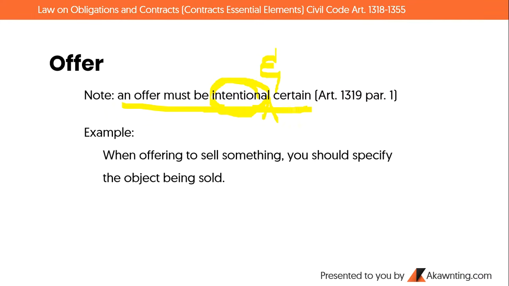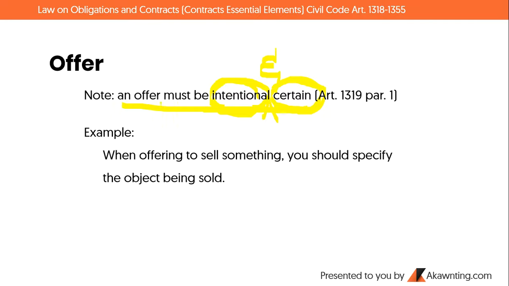Pag sinabi rin nating certain, ano ba yung offer? Okay? Pag tinignan ba natin or binasa ba natin yung offer or inanalyze ba natin yung offer, itong offer ba na to, certain siya as to yung mga necessary information para readily ma-accept natin. Okay?